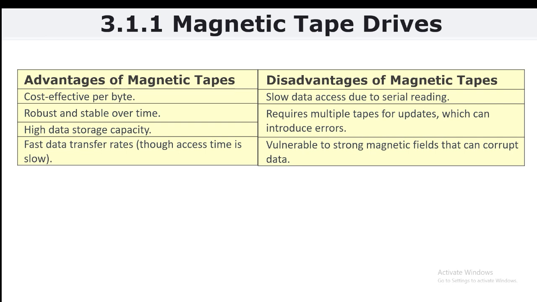So the disadvantage with the magnetic tape drive is that they have slow data access due to their serial nature of accessing data. And then again, they require multiple tapes for updates, which can introduce some form of errors.